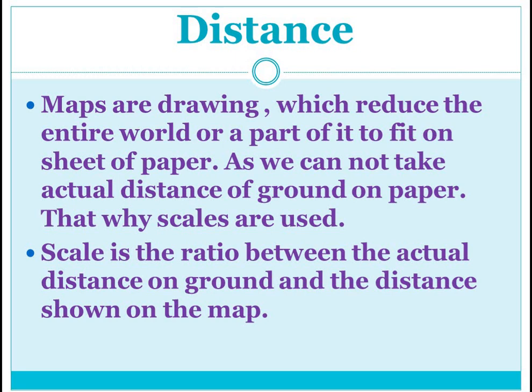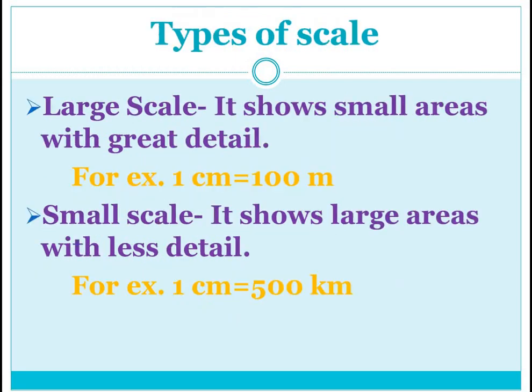As we discussed in previous lecture also, the scale is the ratio between the actual distance on the ground or distance on the paper between 2 points. That is known as scale. There are the two types of scale: large scale and small scale.